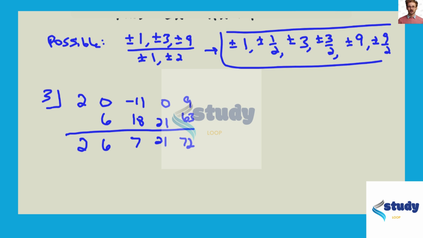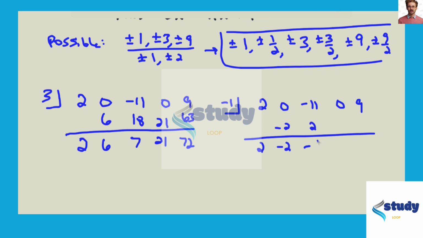For a lower bound, we'll do negatives, and we're looking for alternating signs in our quotient row. Drop down the 2, multiply, add, add. Okay, we're not alternating signs, so it's not negative 1. Let's try negative 2. Drop down the 2, multiply, add, add.